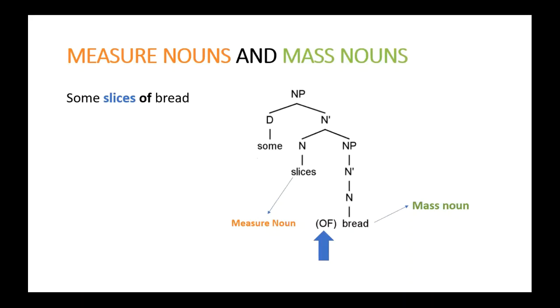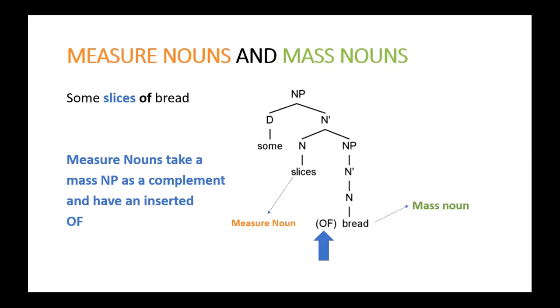You're going to have an NP, which is going to be the measure noun, and that measure noun is going to take another NP as a complement, and you're going to have an inserted of in that case as well. Notice that measure nouns take a mass noun phrase as a complement, and they have an inserted of. Okay, so this is the structure for mass nouns with measure nouns.